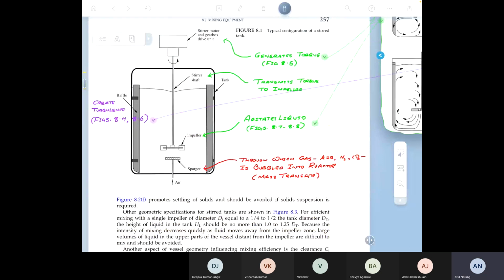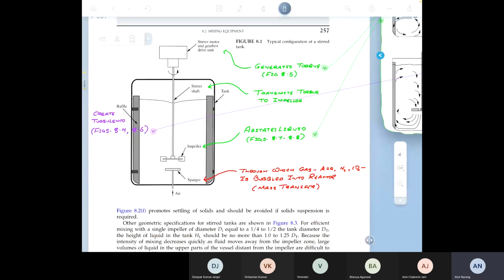So basically, what did we just cover? That there is a drive at the top, but it can be at the bottom if you want to save on head plate space, or your liquid is very viscous. But most of the time it is at the top, and then it passes on to a stirrer shaft and transmits the torque ultimately to the impeller, which agitates the liquid. And the impellers come in various categories.